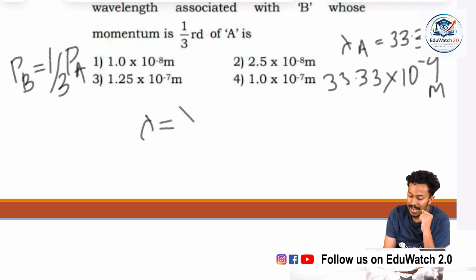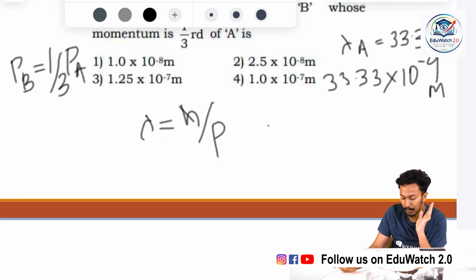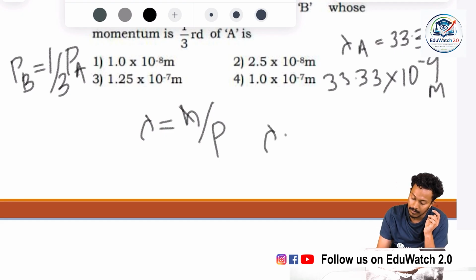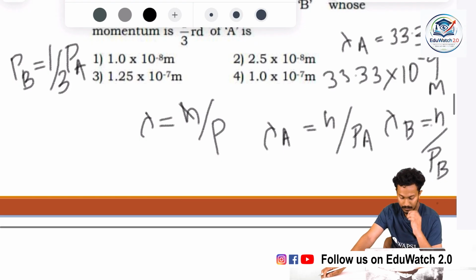We have Planck's constant with that and P. This is de Broglie's wavelength, and we could write that wavelength of A is equal to h by P of A, and wavelength of B is equal to h by Pb.